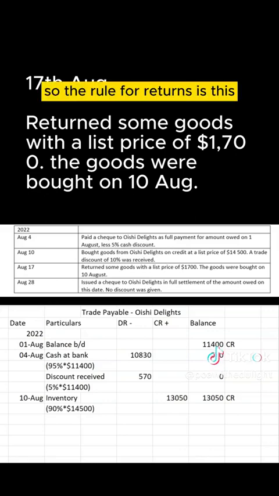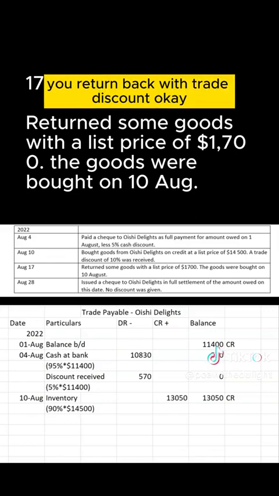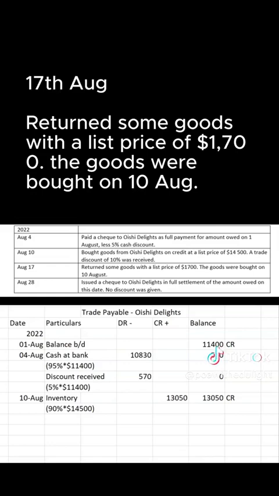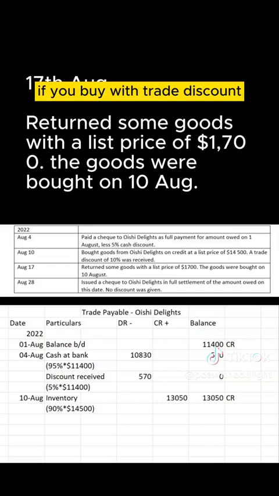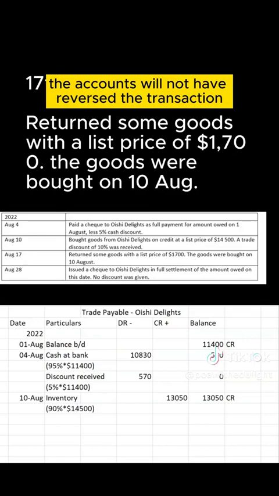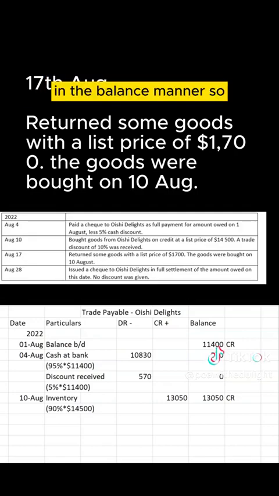So the rule for returns is this: when you buy with trade discount, you return back with trade discount. Okay, so that both sides of the accounts would balance. If you buy with trade discount and you do not return back with trade discount, then both sides of the accounts would not have reversed the transaction in a balanced manner.